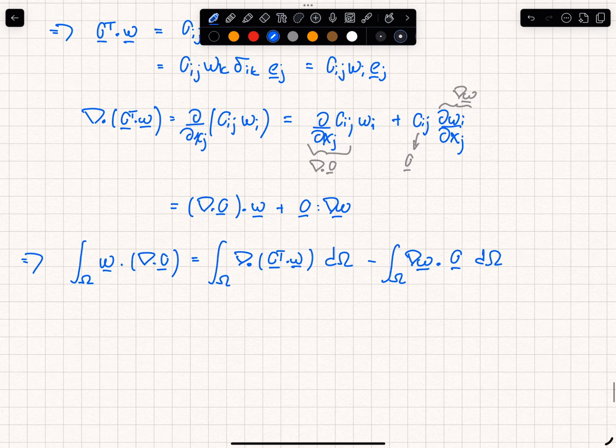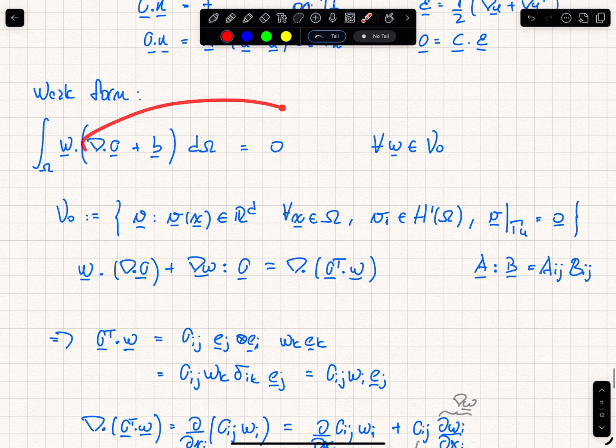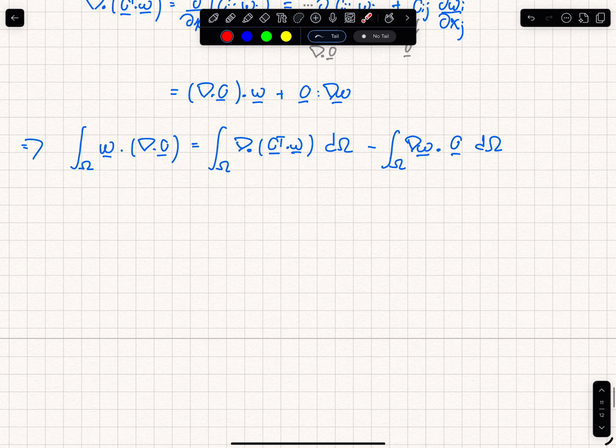And because this term is negative, the moment we send it to the other side of the equation, it's going to change signs.